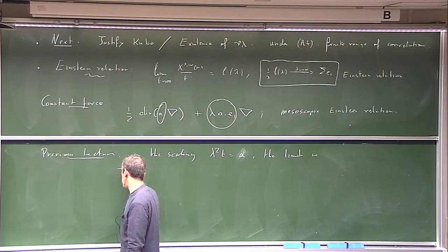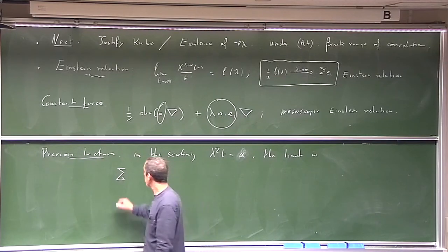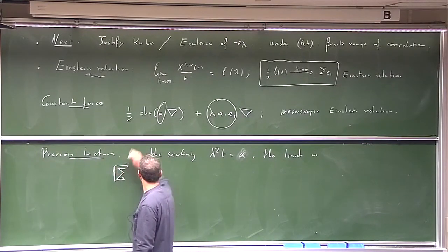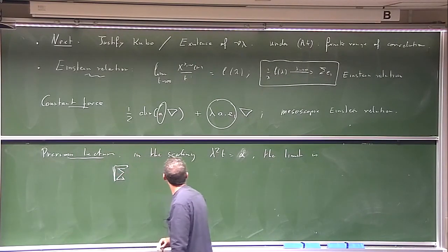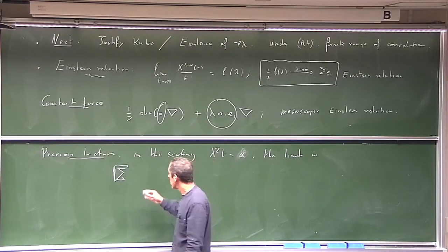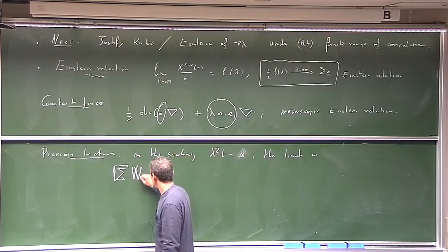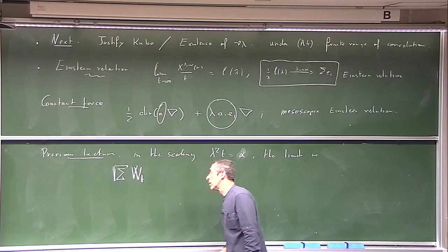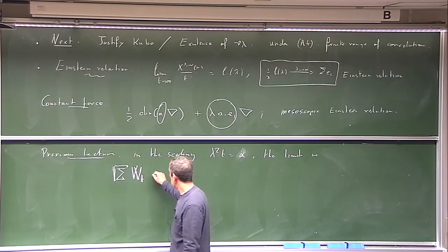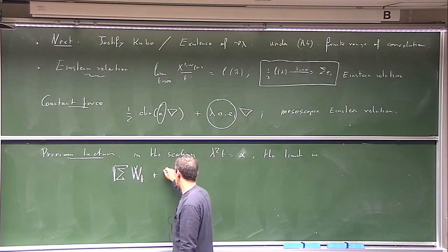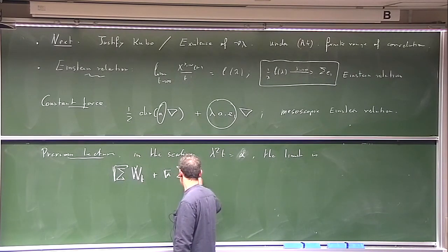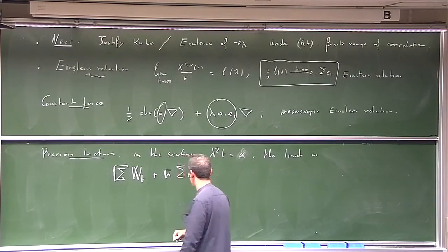So the limit had a certain covariance matrix. Now I'm not writing the generator, but I'm writing the process. So this is a Brownian motion with this covariance matrix. And we computed the drift term, which turned out to be square root of alpha times sigma E1, times time.